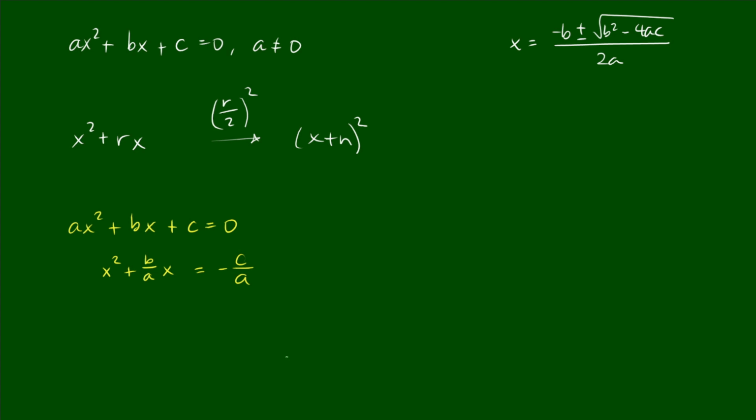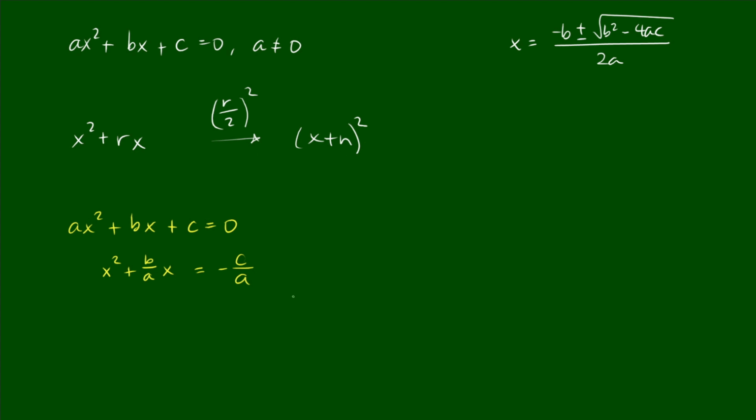To write that left side as a perfect square, notice first how we have this form. You have an x squared with a coefficient of 1 in the front, and then plus rx. R could be a rational number, and this is what you have there. You have a rational number in front of x. Now you would have to add a number so that you end up with a perfect square.